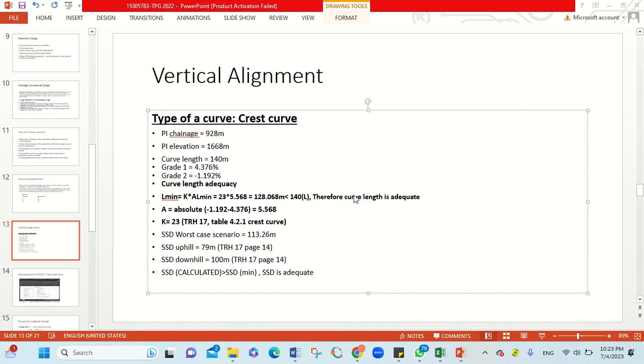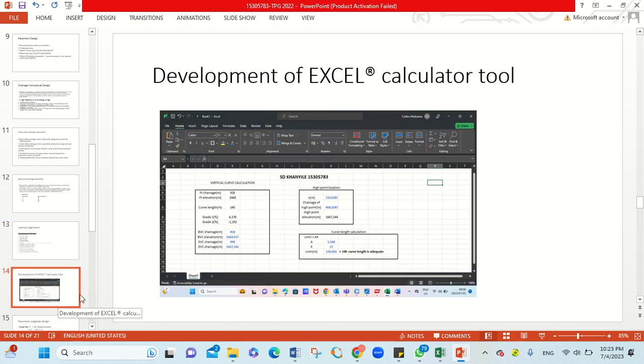Therefore, the curve length is adequate. And we also looked at the sight distance, which we calculated, and found that it is adequate.